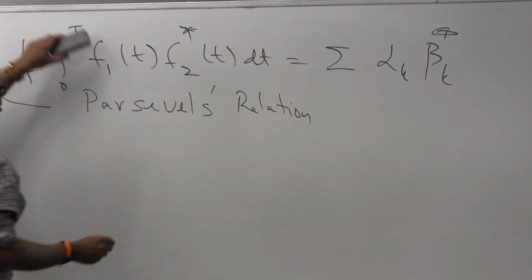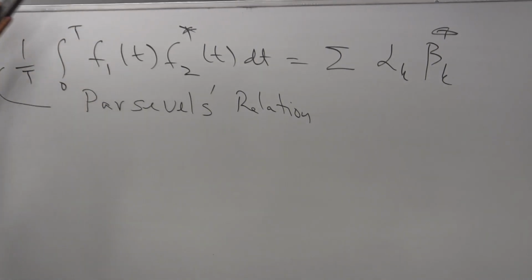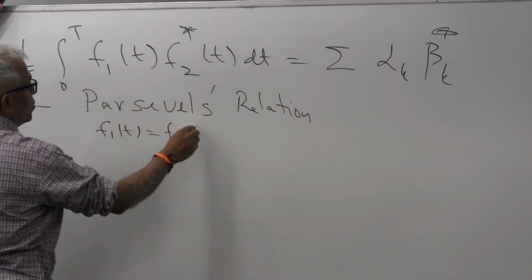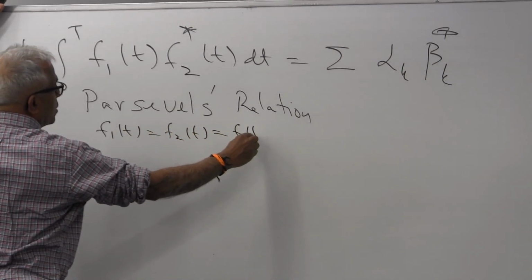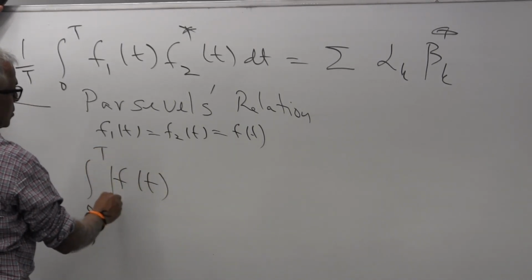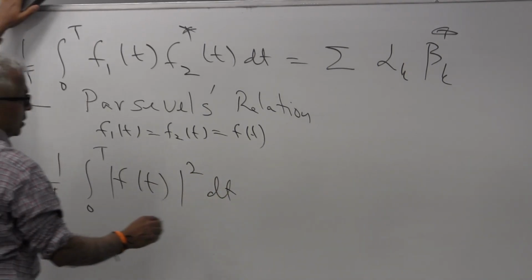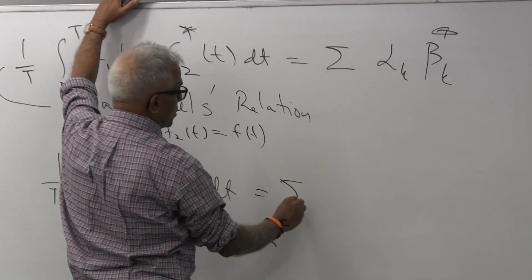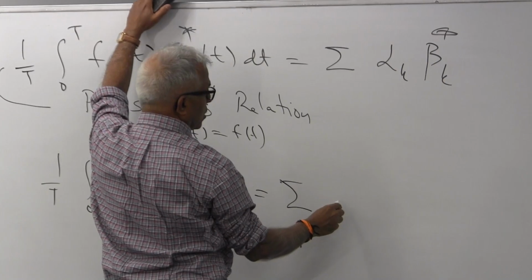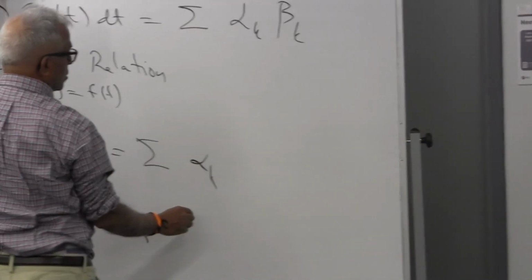Okay, so the most important thing is what happens if you put f1 equal to f2. Anybody? So I'm going to put f1 equal to f2 equal to, I'm simply going to call it f(t). So what do you get? This is absolute value squared dt, 1 over T. Here what do you get? f1 is f2, so this becomes what? Alpha k times its conjugate, alpha k.